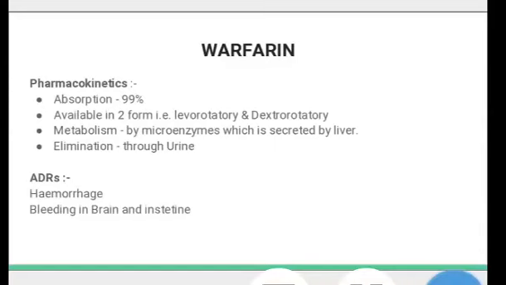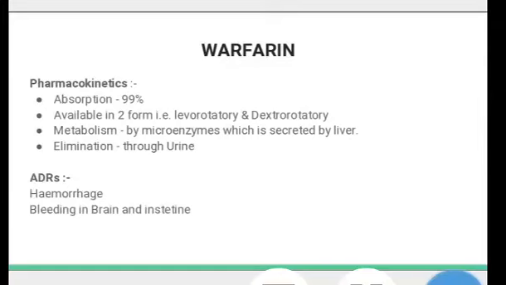After the mechanism, we will see the pharmacokinetics of warfarin. Pharmacokinetics means what the body does with the drug. Absorption of warfarin is 99%, that is, high bioavailability. Bioavailability means the actual concentration of the drug in the blood.